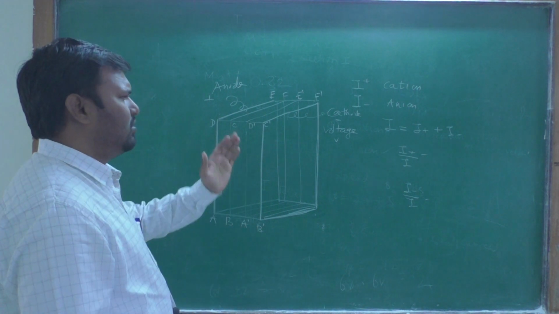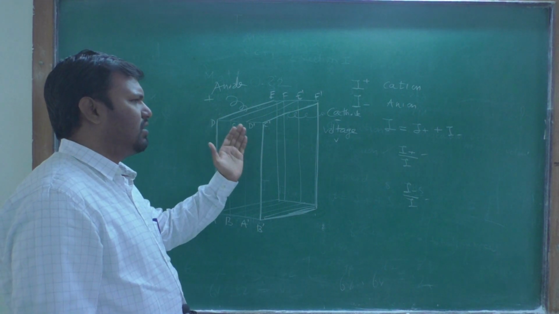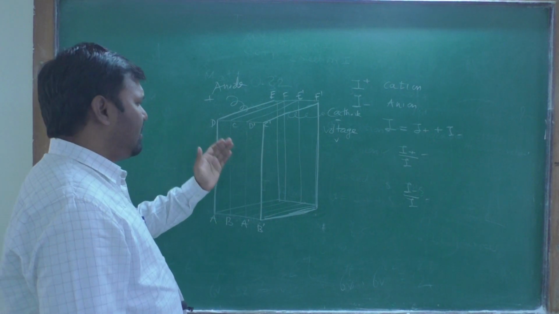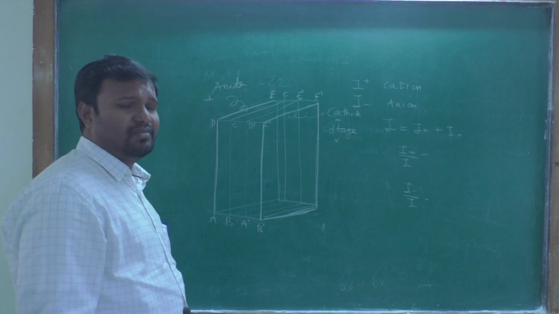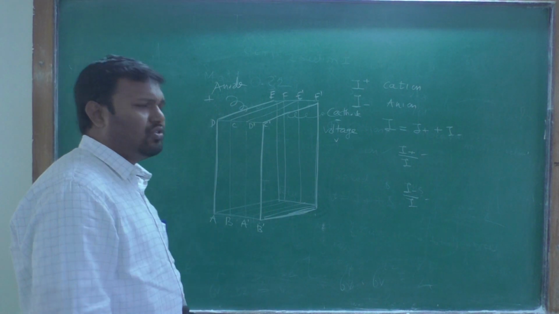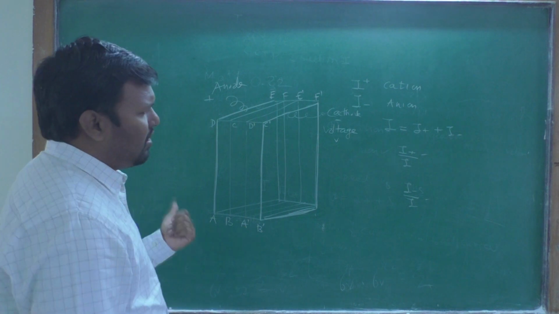Therefore the positive ions, that is cations, migrate to the cathode, and the anions, the negative charge, migrate towards the positive side, the anode.